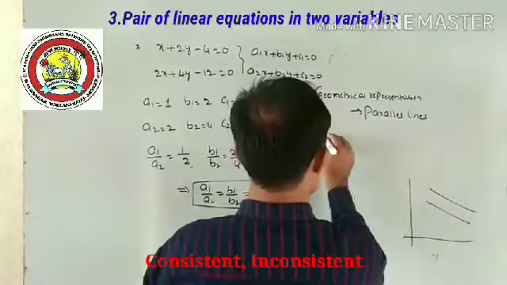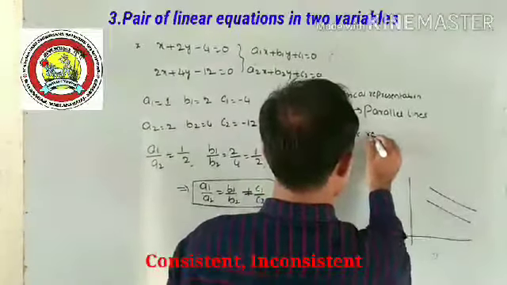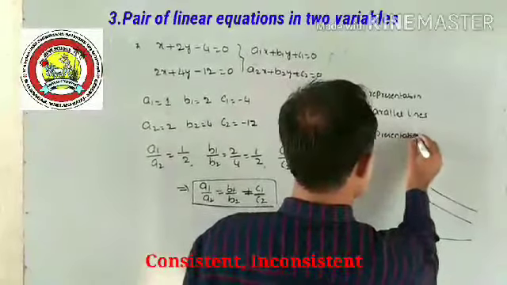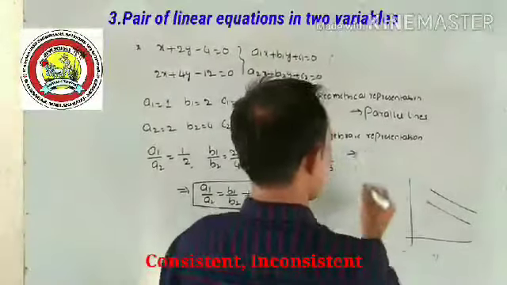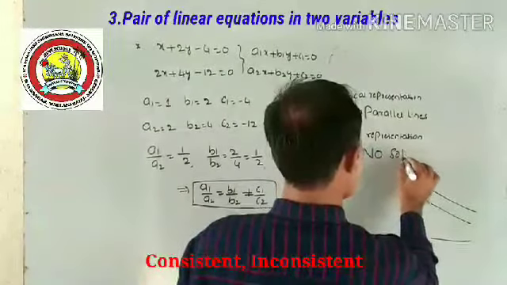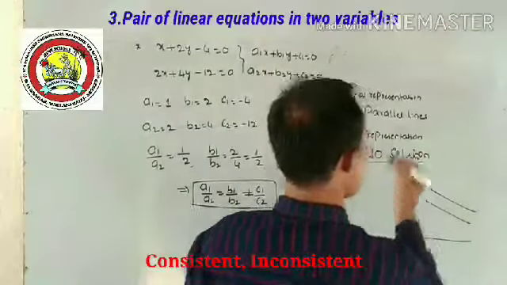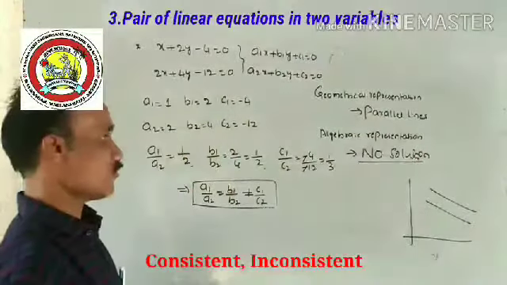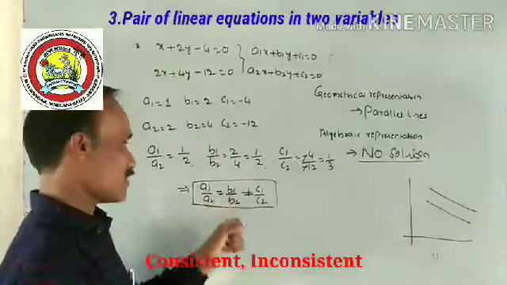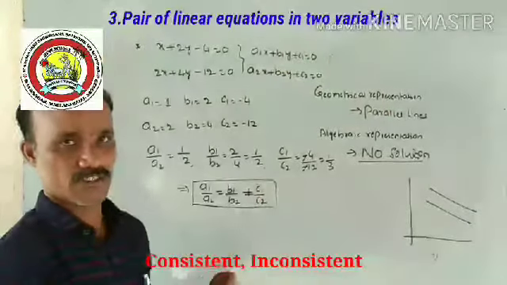So algebraic representation: it has no solution. Very important. The first case, a1 by a2 not equal to b1 by b2, intersecting lines.